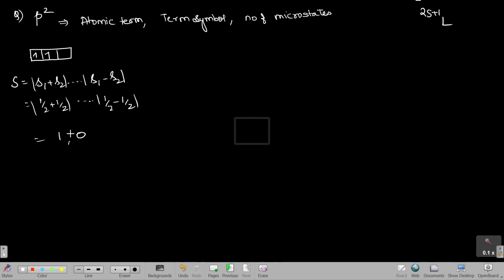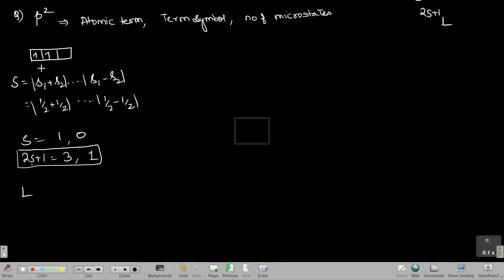So there are two particular S values, 1 and 0. Okay, so if it is 1, then 2S+1 value is going to be 3, and if it is 0, you substitute it here, then the 2S+1 value is going to be 1. So these are the two S values, and if you substitute that S value here, you are going to get 2S+1 values. So this we have found.